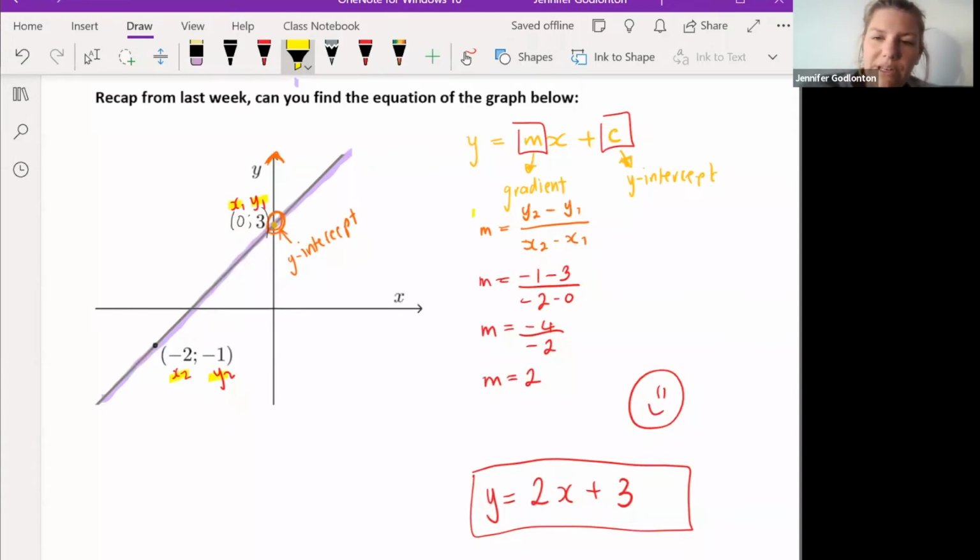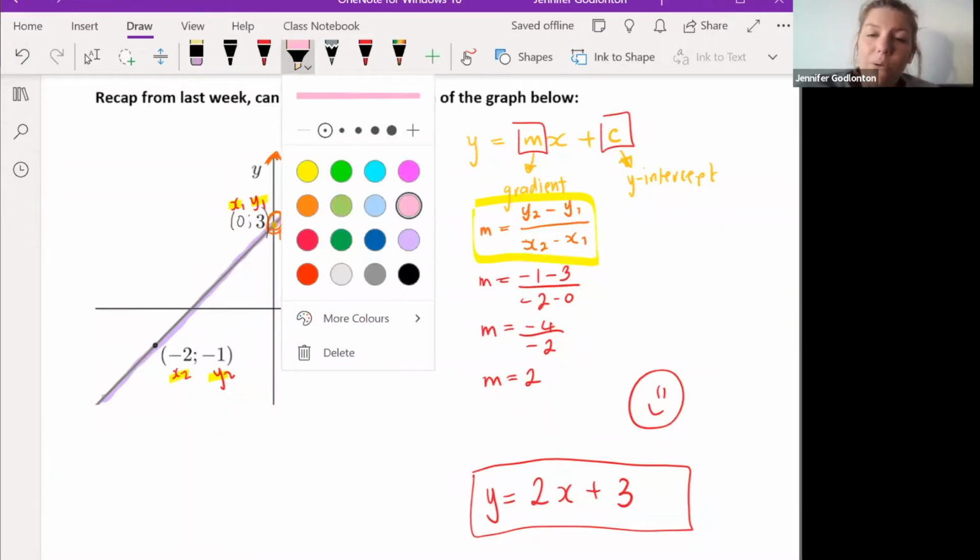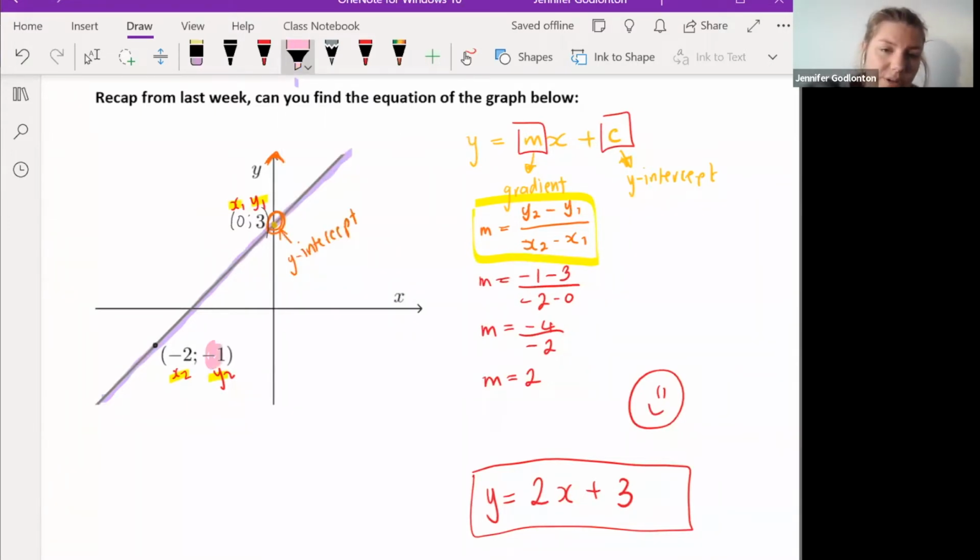When we put it into this formula over here, we said our y2 is -1, that's that one over there. And then we minus our y1, which was 3. And at the bottom, we had our -2, and then we minus our x1, which was 0. Those are where those two numbers came from. Hopefully that helps a little bit.